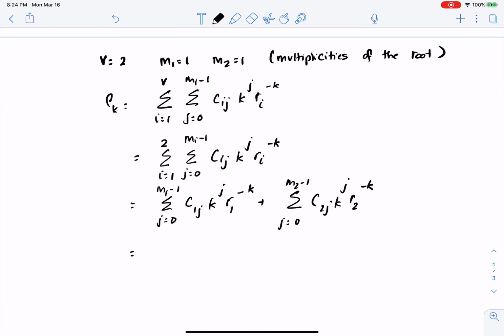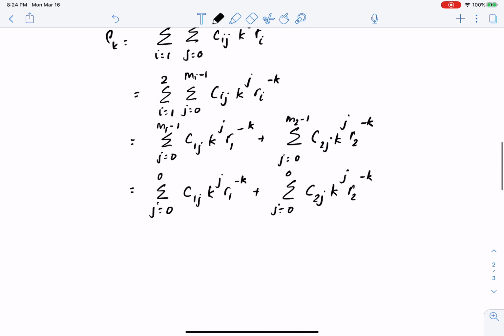And m1 is 1 and m2 is 1, so we have j from 0 to 0: c_1j, k raised to j, r_1 raised to negative k; and for j equals 0, m2 is 1, 1 minus 1 would be 0: c_2j, k raised to j, r_2 raised to negative k.